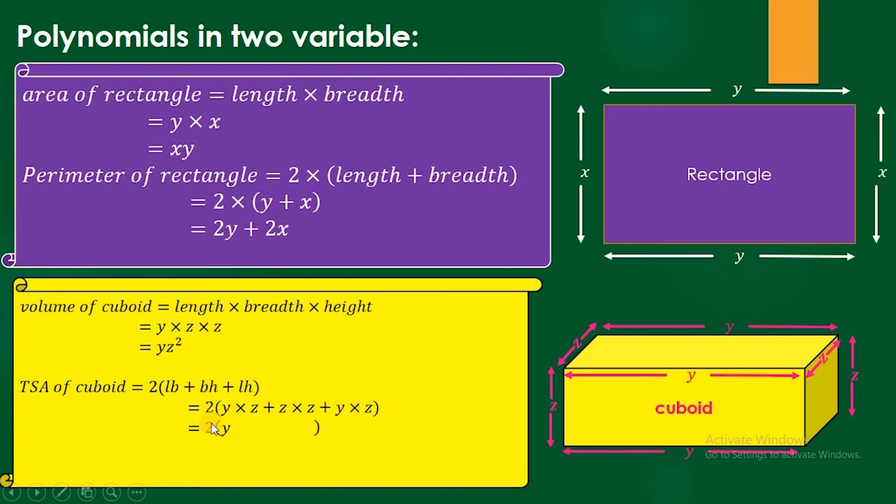So we'll solve this: yz plus z square plus yz. We'll multiply all the terms inside the bracket by 2, so you get 2yz plus 2z square plus 2yz. Since we have the same variable yz, we can add these. That is 2 plus 2 is 4yz plus 2z square.